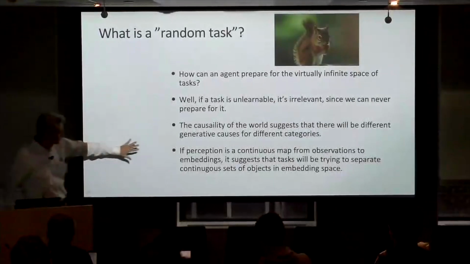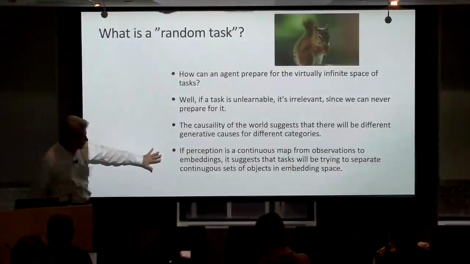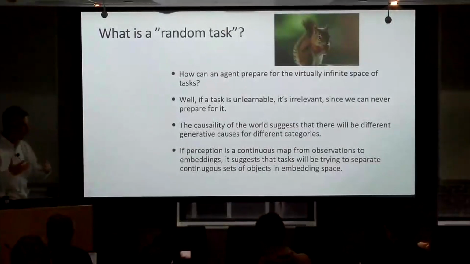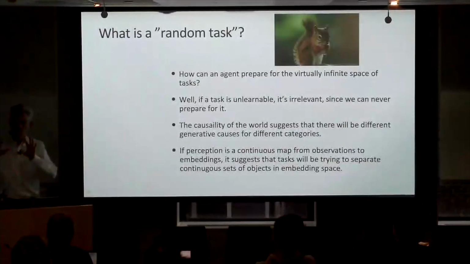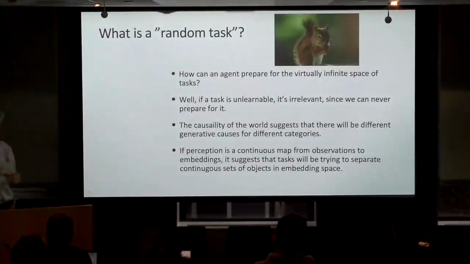And when we perceive the world and we're mapping it to an embedding, if that is a continuous map, then it suggests that we have the causes with a continuous map. It suggests that the tasks that we're going to be presented with are about grouping contiguous sets of images versus other contiguous sets of images.